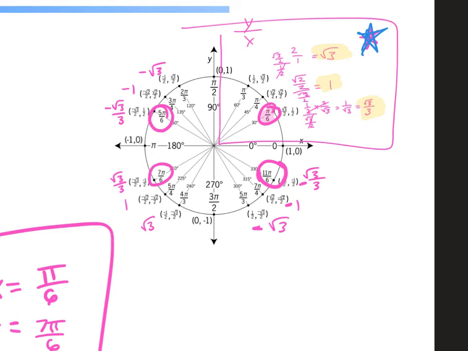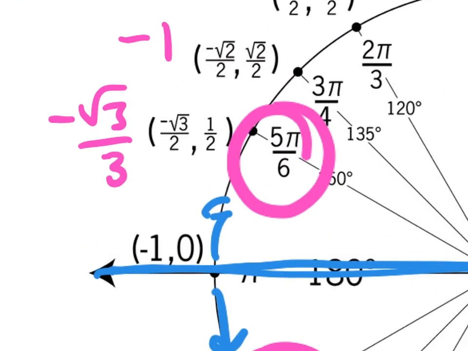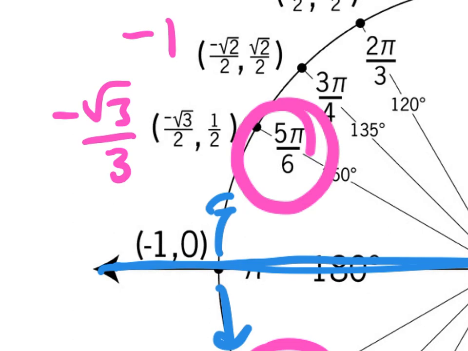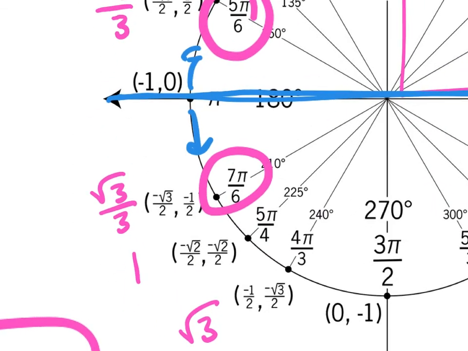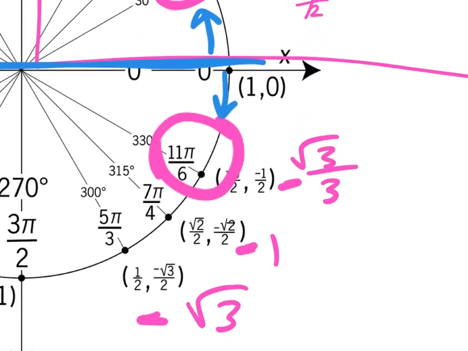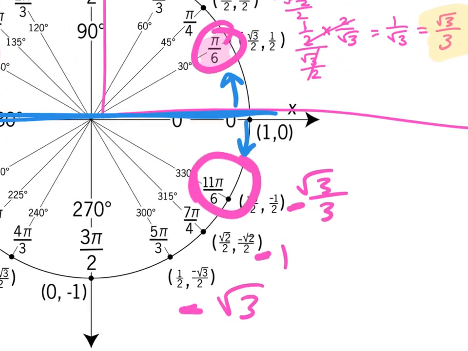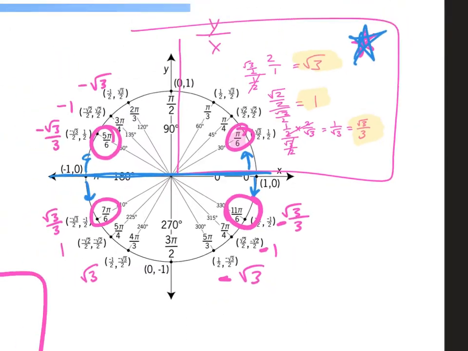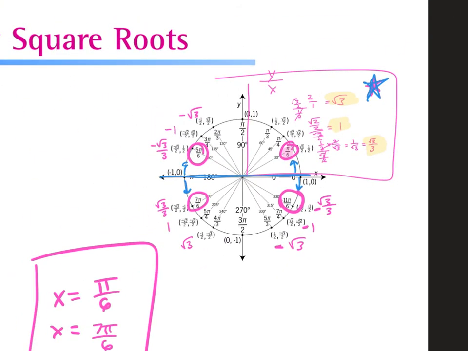The way I think about it is that the numbers closest to the x-axis, like this one, and this one, and this one, are all the same. It's just the sign that changes. You can always see this has 1 negative, so your answer is going to be negative. This, a negative divided by a negative, is going to make a positive. This one of them's negative, so your answer is going to be negative. So it's an easy way just to look at the signs and see.